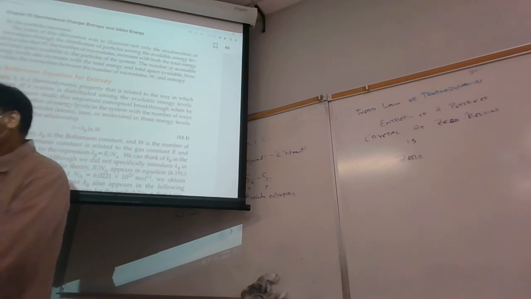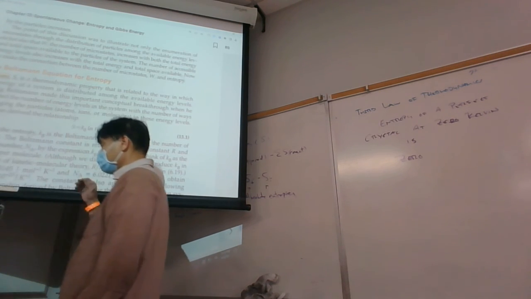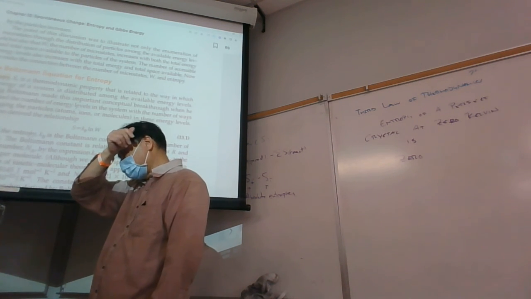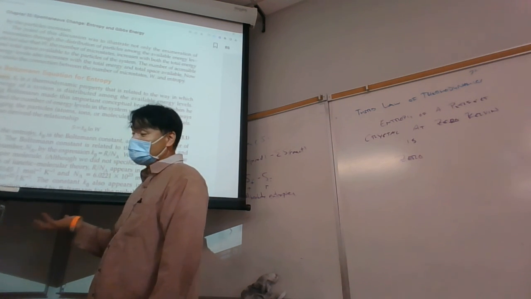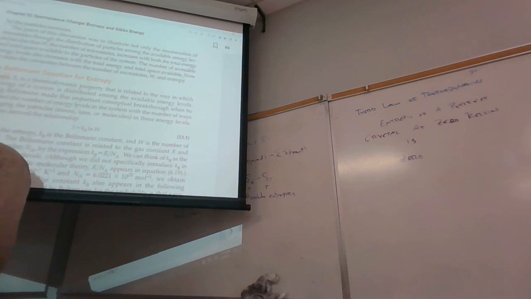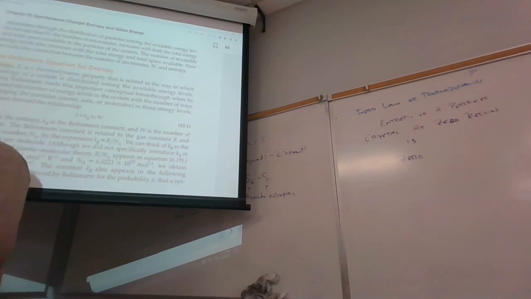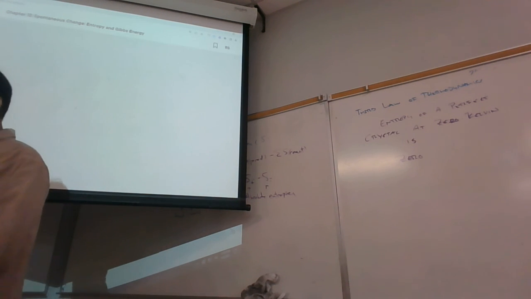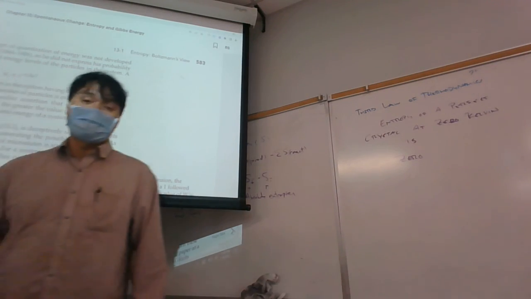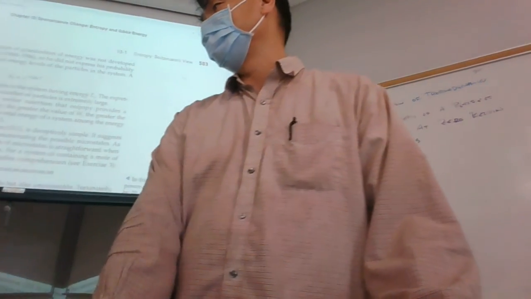Well, the problem with doing this statistically like this is when we're dealing with even 1 gram of substance, 1 gram of substance has so many atoms, you can't even count it. If you had 1 mole of substance, it'd be even more atoms. And so the numbers are going to get huge, and to count the individual microstates is going to be very difficult. That's why they use statistics to do it, so you aren't counting individual microstates, which would be way too much to count.